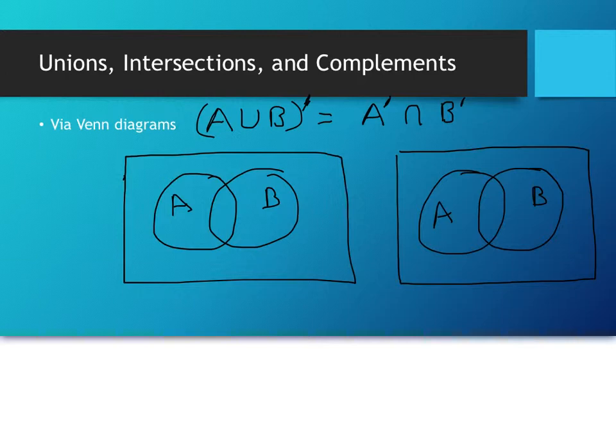Now I'm going to describe this two different ways and show you that we get the same either way. So first way, we're going to look at A union B. Now let me just put that A union B in blue. So if A union B, that's what we're looking at. So I want to take the complement of that.